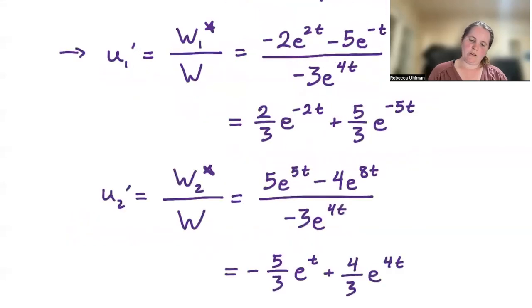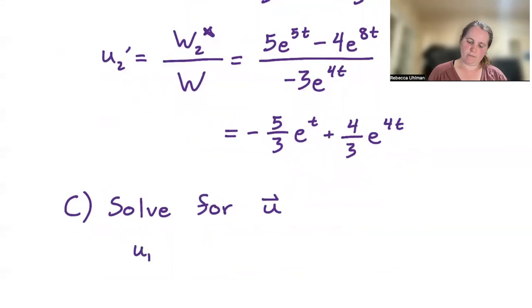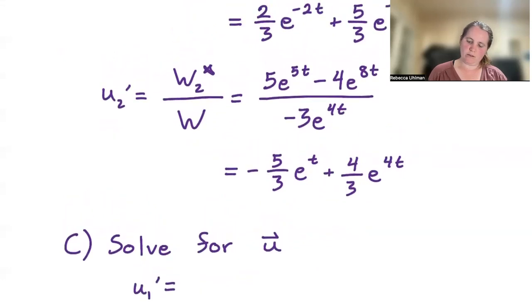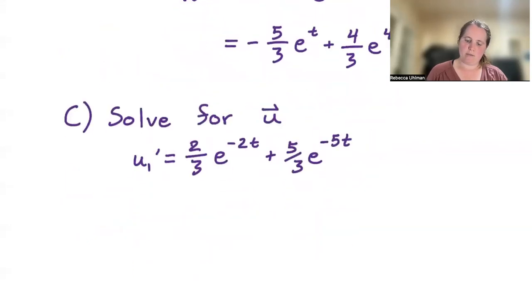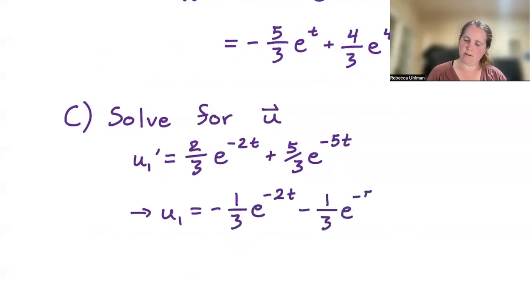So we had u1 prime was 2/3 e to the negative 2t plus 5/3 e to the negative 5t. That means that u1 should be equal to negative 1/3 e to the negative 2t minus 1/3 e to the negative 5t plus c1.